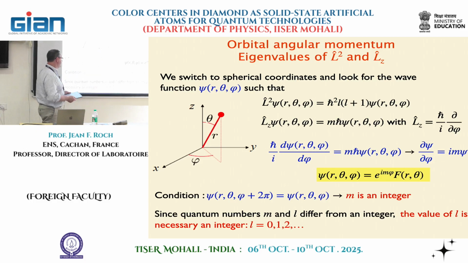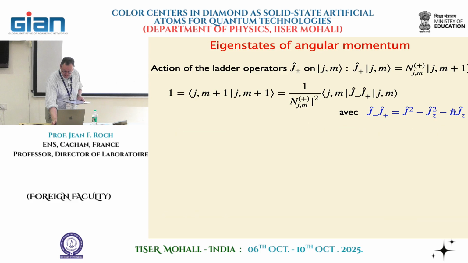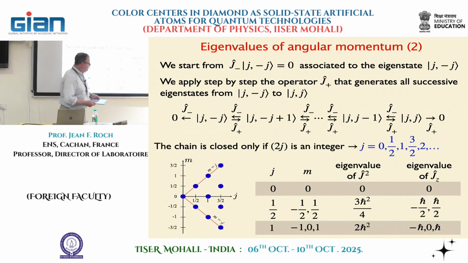And since m and L differ only by an integer, I know that the value of the orbital angular momentum L is only a positive integer. So among the positive values I obtained here, only those are possible for an orbital angular momentum. Up to now, I demonstrated that there are possibilities to get values of 1/2, 3/2, but these are not allowed due to the symmetry condition for an orbital angular momentum.